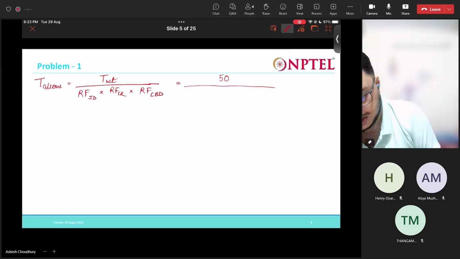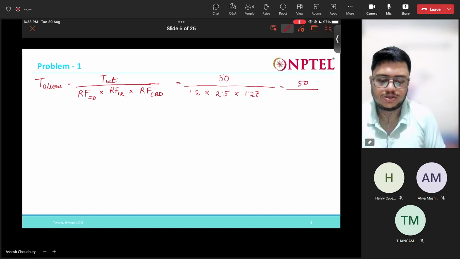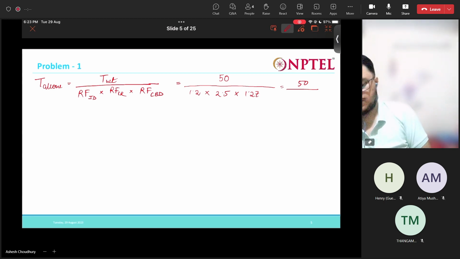So the reduction factor for installation damage is just 1.2, 2.5, and 2.7. So 50 divided by how much? 1.2, 2.5, 1.27, 3.81.